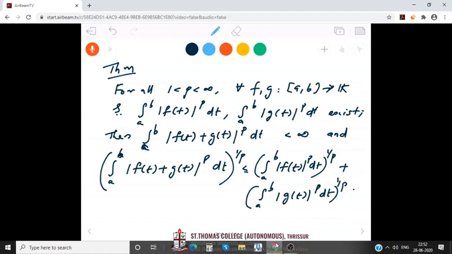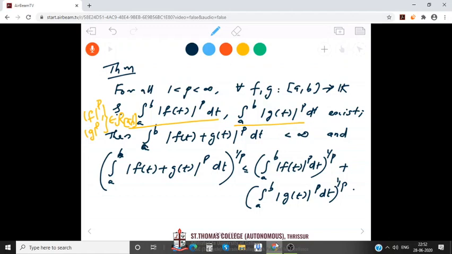So here, by this we mean that mod f raised to p and mod g raised to p are in R[a,b]. Both are Riemann integrable over [a,b].